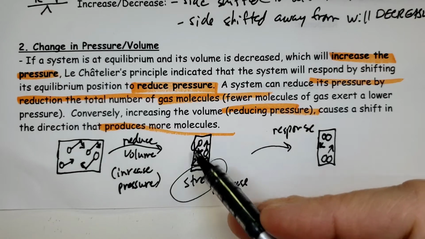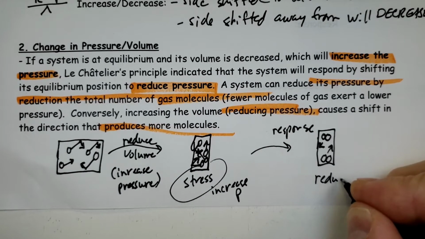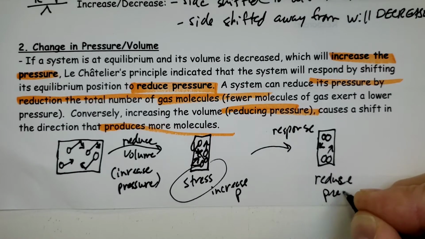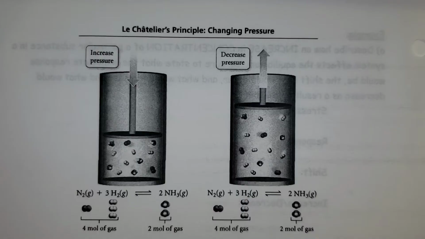So you reduce pressure by making a smaller number of molecules. All right, we'll take a look at the next page, more examples with that.